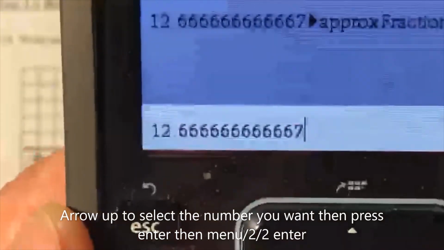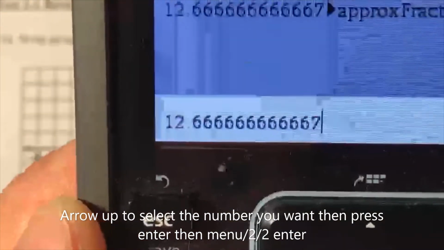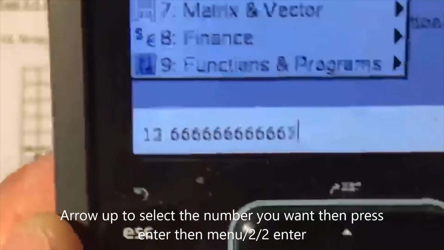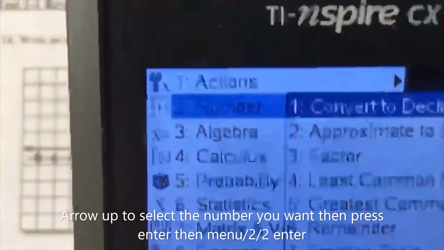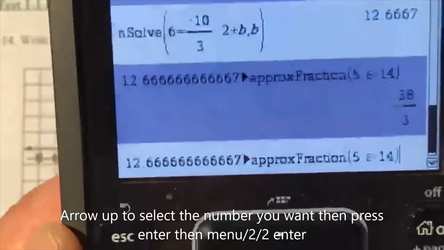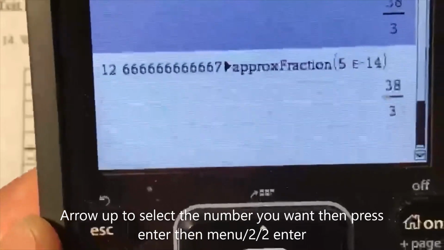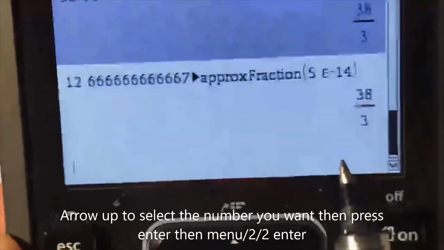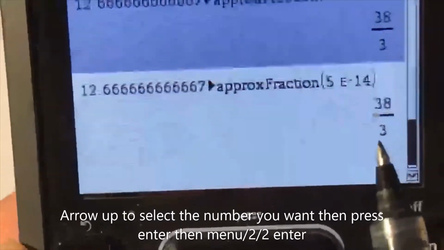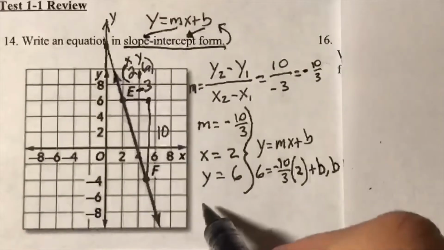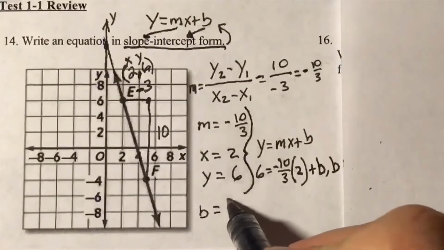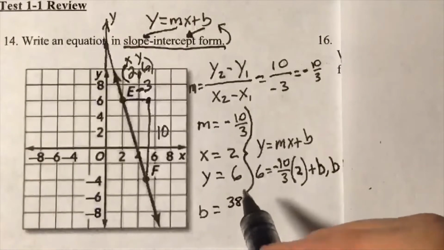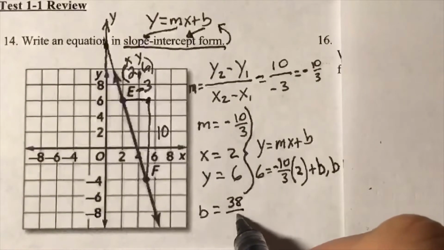It brings it all down. See all those decimal places. Now I could do menu 2 again, and I get it. You must get all of those decimal places for that to be correct. So our b is equal to 38 over 3.